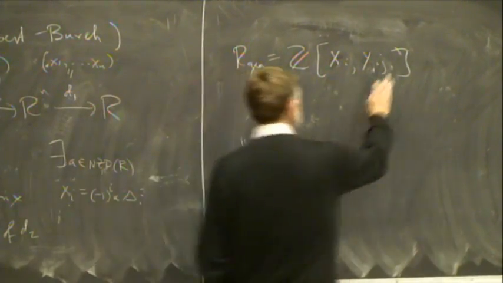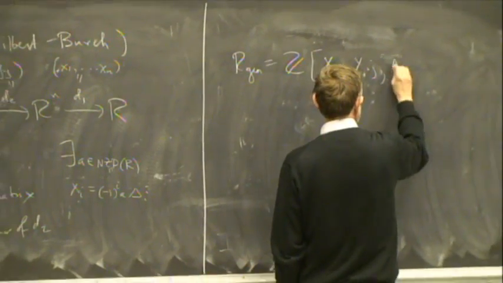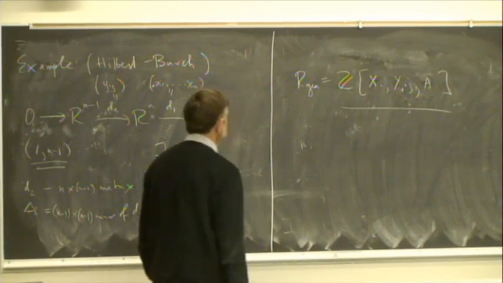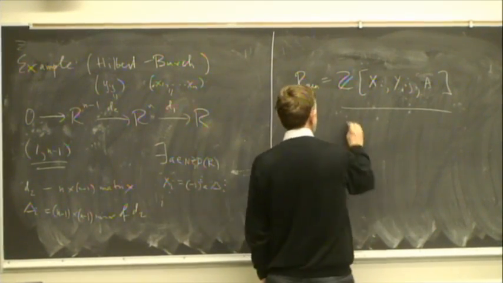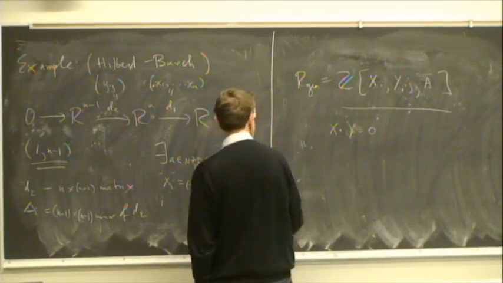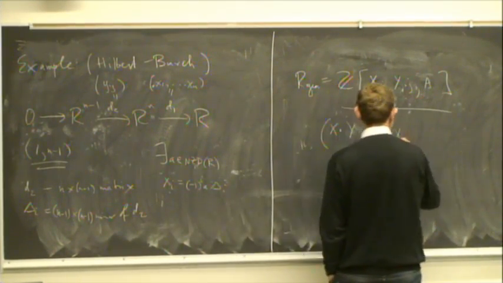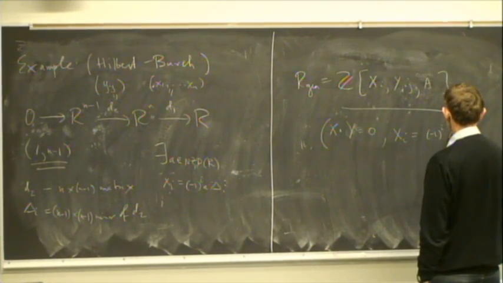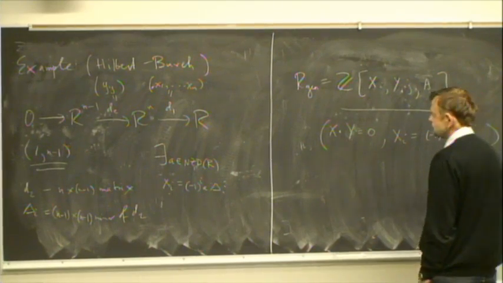And actually another element, another variable A. And then I divide by the relations, you know, y times x times y is 0, and then by those relations star: x_i equals (-1)^i a delta_i.